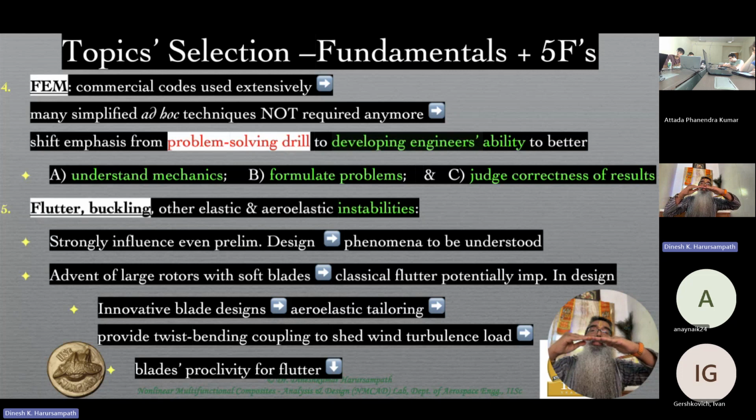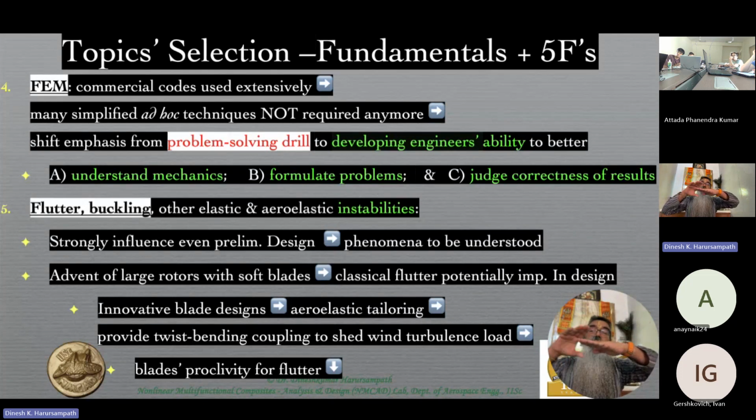Even if there is a little bit of imperfection in the way you're loading it, or imperfection in the material distribution, imperfection in the geometry, or any slight disturbance coming from a gust, etc., this compressive load can make it become unstable, and it goes to a different kind of configuration. This is called flexural buckling.